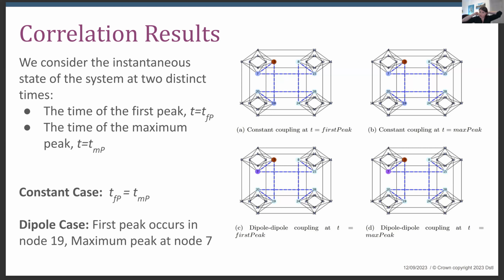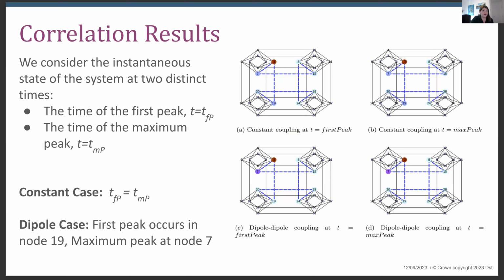So the graphs here are colorized, where node 3, the initial excitation node, is colored in red, and then the fidelities of the other nodes are colorized from that pale blue of little fidelity into a purple and a bright pink color for maximum fidelity.